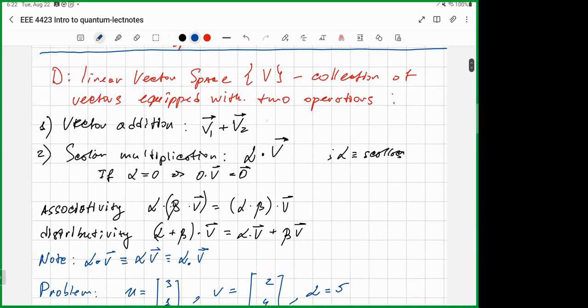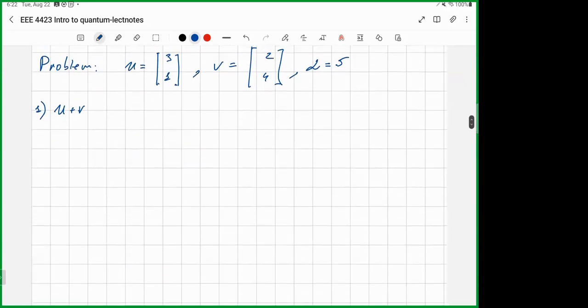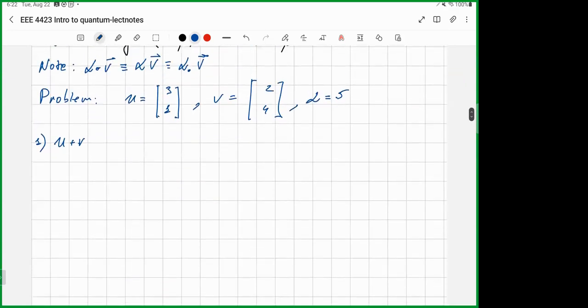As a problem, let's find, for example, the sum of two vectors. So we give an example of this vector addition. We have two vectors in two-dimensional space, and then we can take the addition of the two. The first one is 3, 1, and then plus the second vector, 2, 4. How do we add the vectors? We just take the sum of corresponding components.